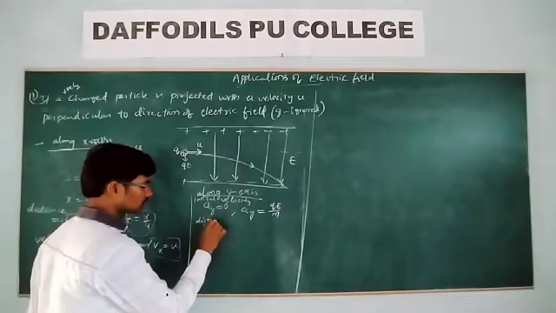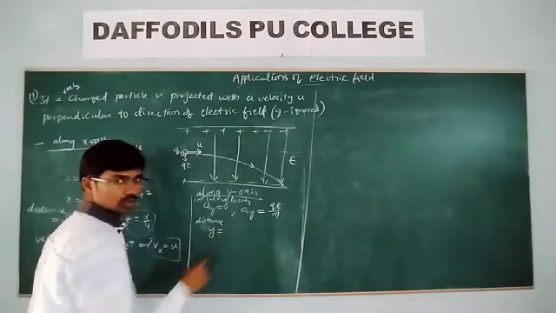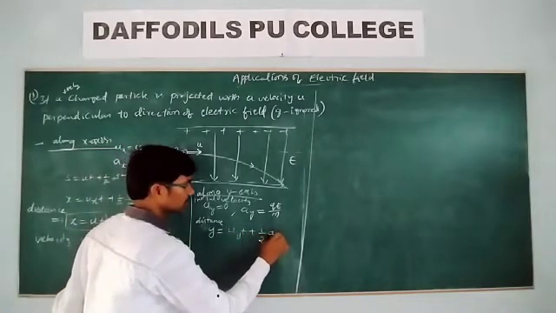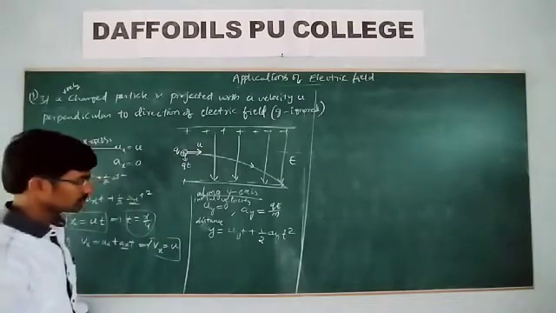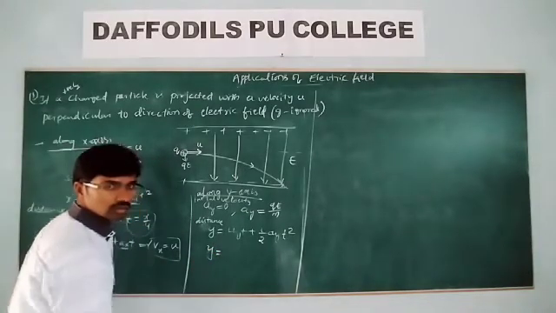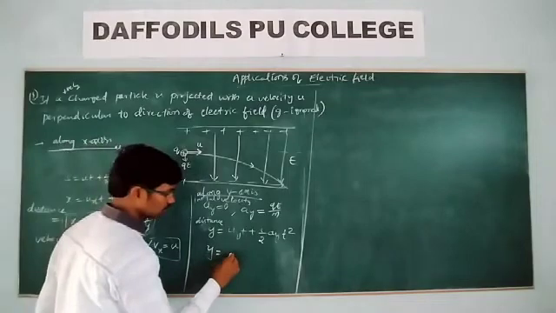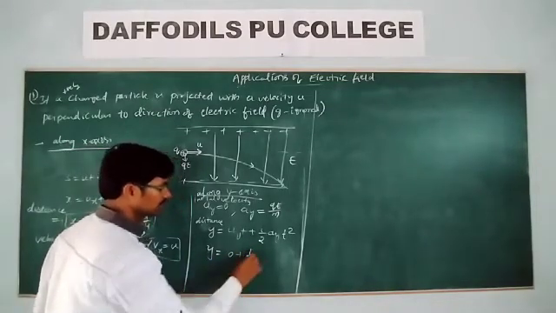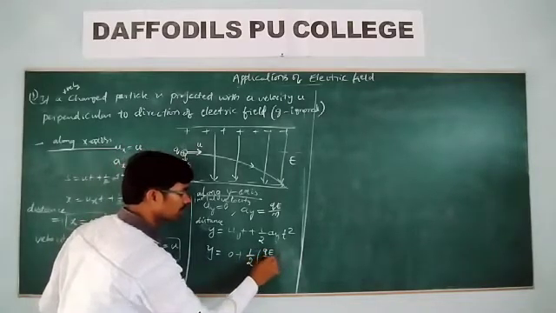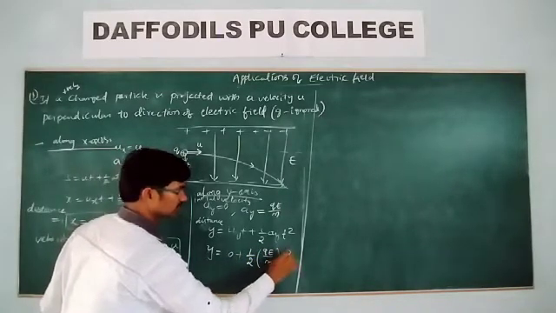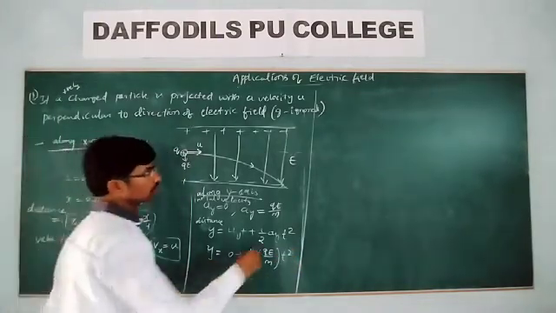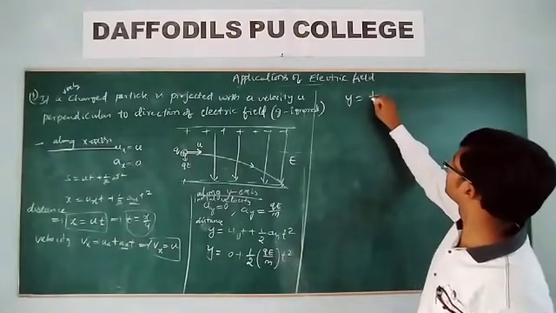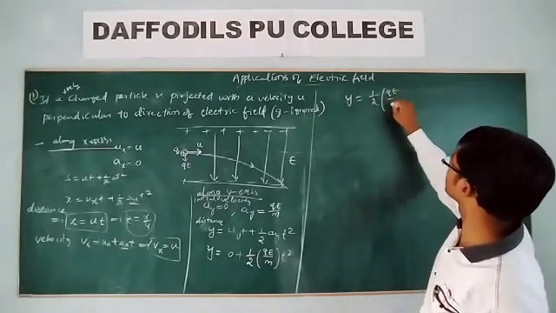Distance traveled y is equal to uy into t plus half ay t square. Then y is equal to uy, which is 0, plus half into ay, qE by m, into t square.